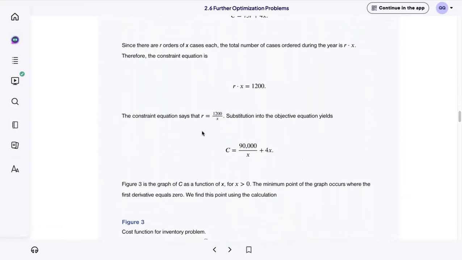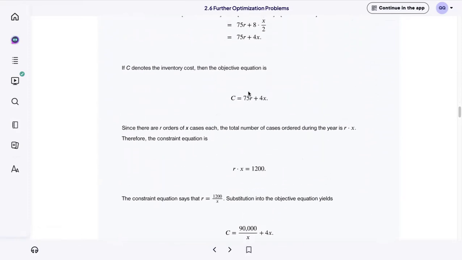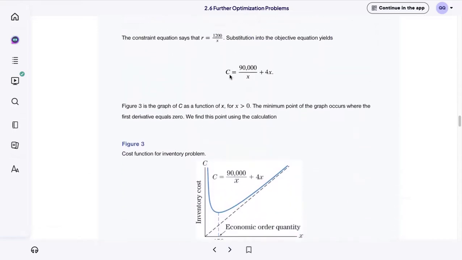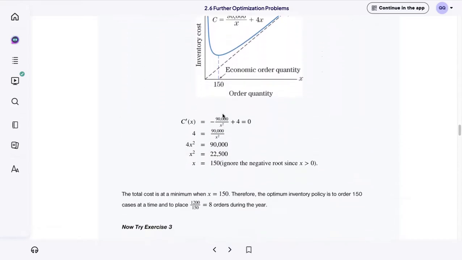So we can rewrite R as 1,200 divided by X, then substitute into this cost function. You see, this one is similar to the rectangle fencing. Then we get a cost function as a rational function. Then we take a derivative of this, and we solve for X. So X gets 150, all right?